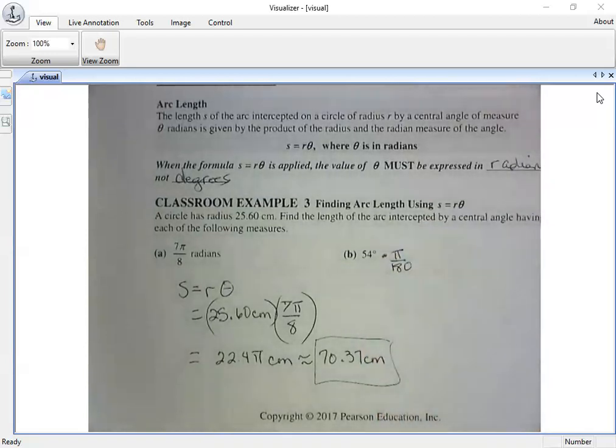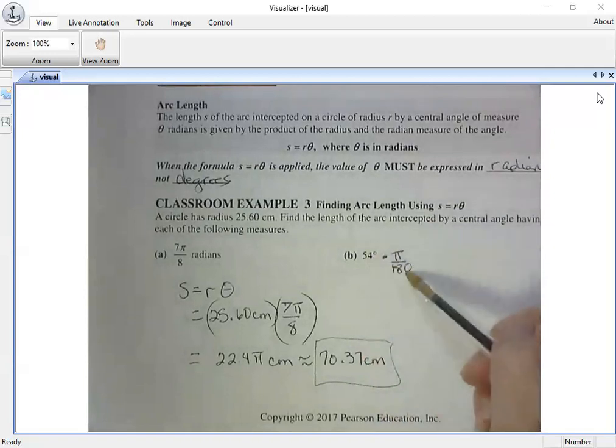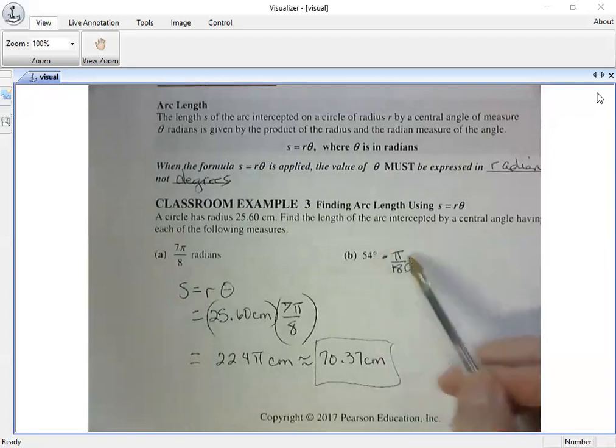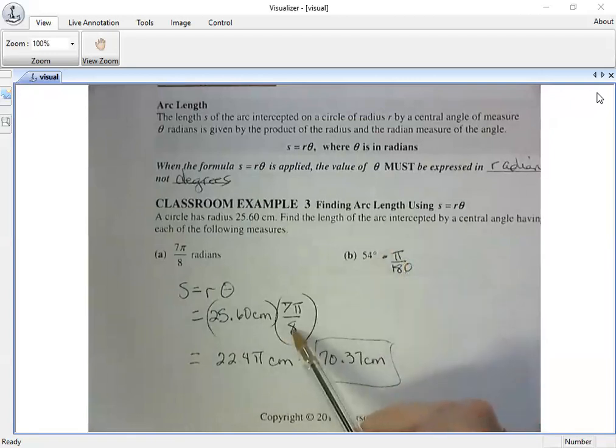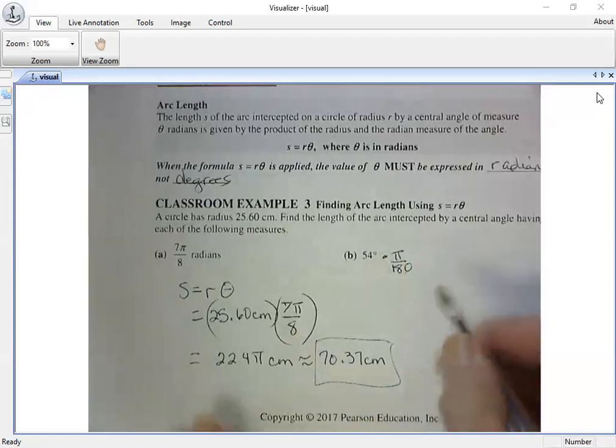And at this point, you can decide if you want to go ahead and reduce this down. If it cleaned up nicely, you can. But since we're really just plugging into the formula, could we just put 54 pi over 180 in the formula and then do all the cleanup later?